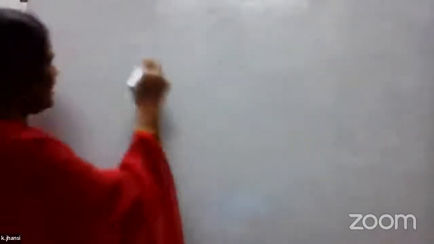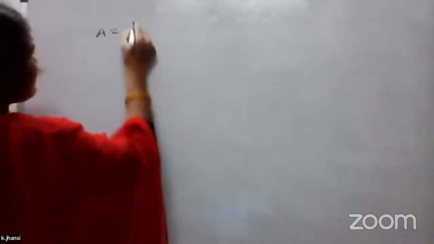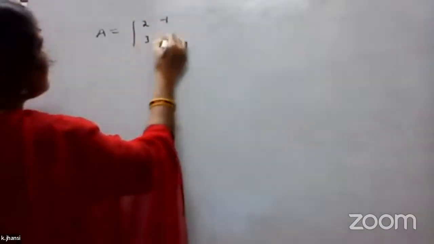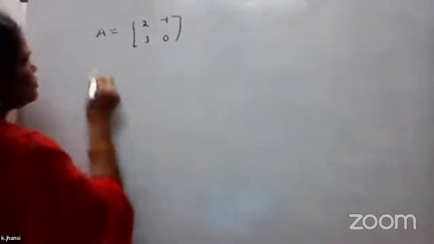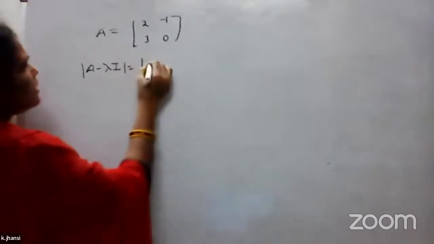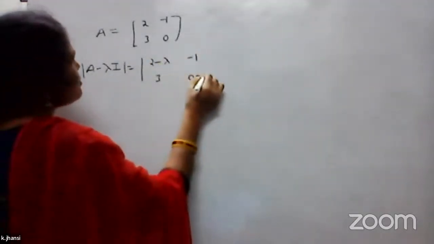See one 2 by 2 matrix in your model examination questions: A is equals to 2 minus 1, 3, 0. For this, A minus lambda I means 2 minus lambda, minus 1, 3, 0 minus lambda.